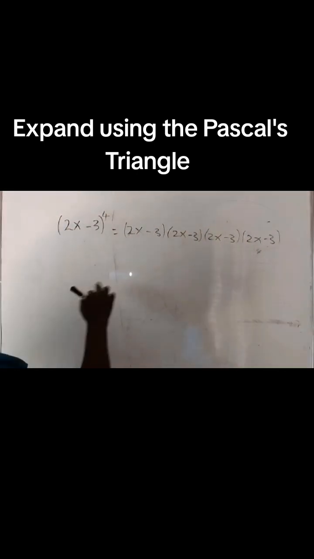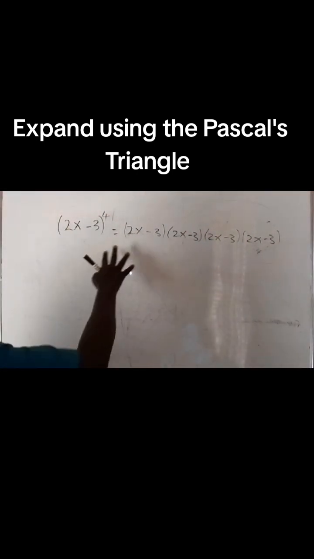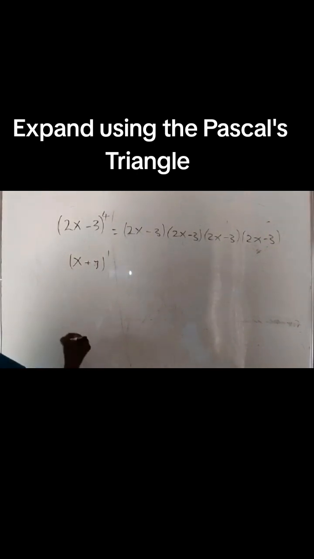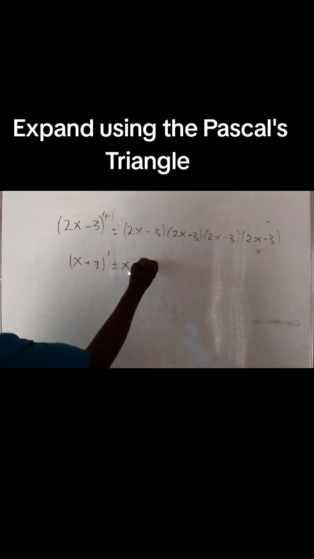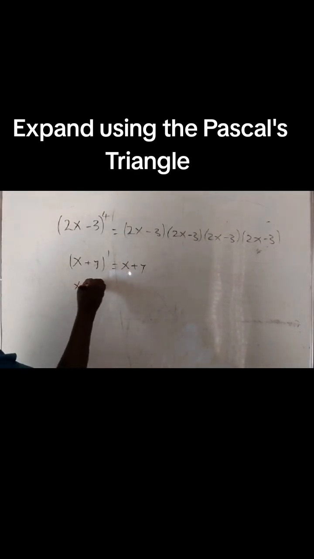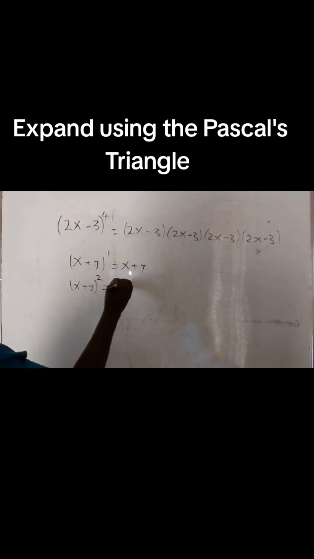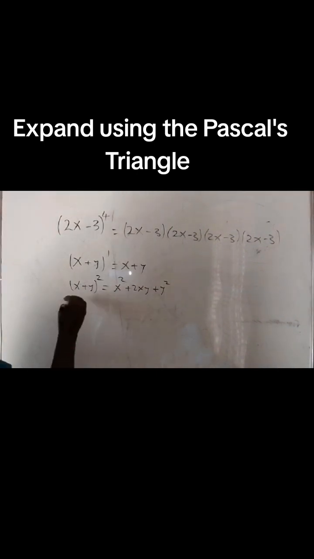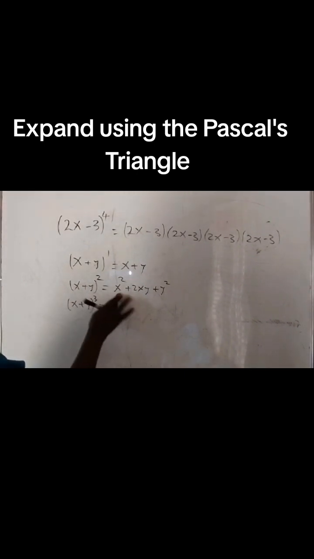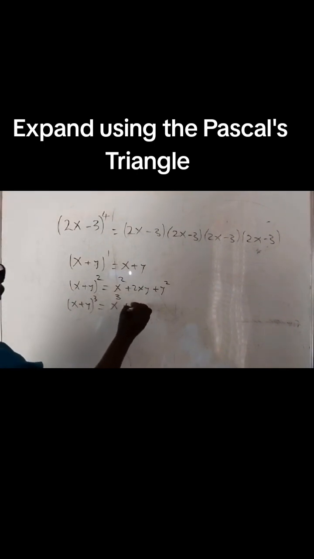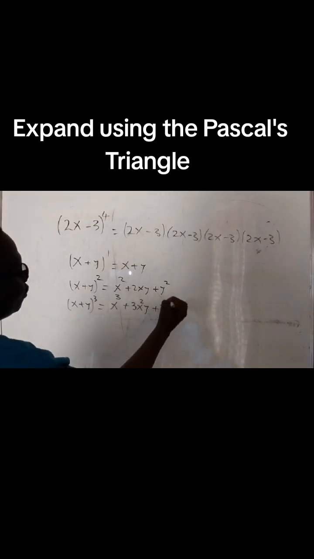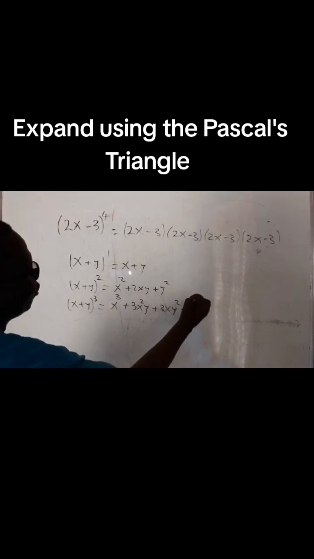So what do you do? You use Pascal's triangle. For example, if x plus y is raised to the power 1, then you will have x plus y. If you have x plus y raised to the power 2, then you have x squared plus 2xy plus y squared. If you have x plus y raised to the power 3, then you have x cubed plus 3x squared y plus 3xy squared plus y cubed.